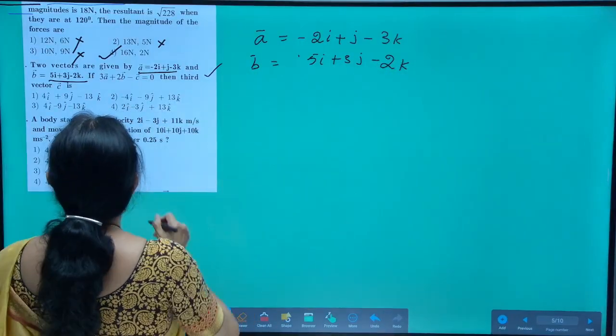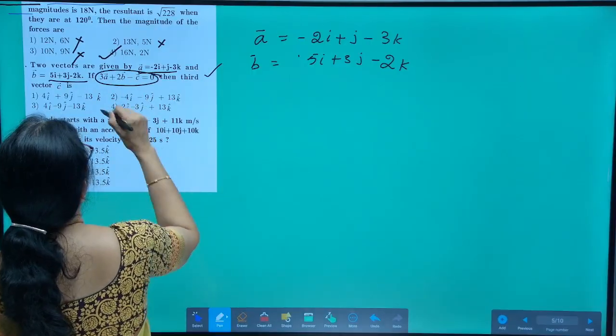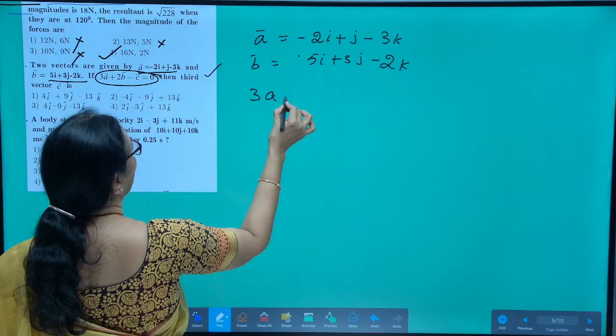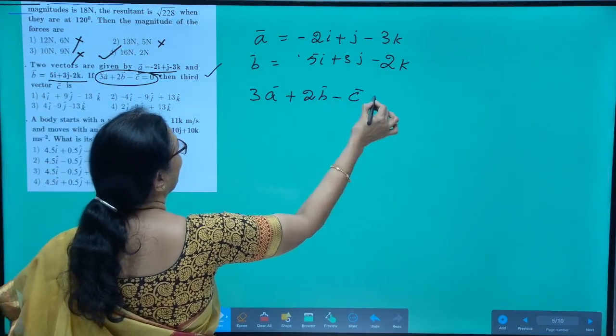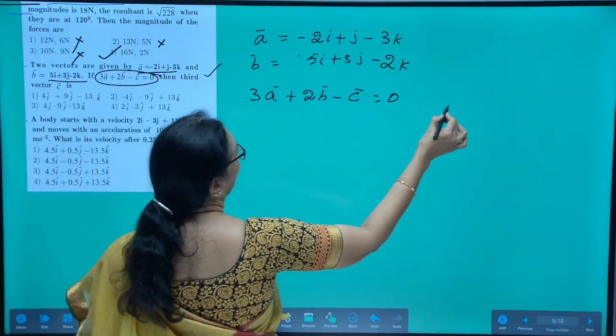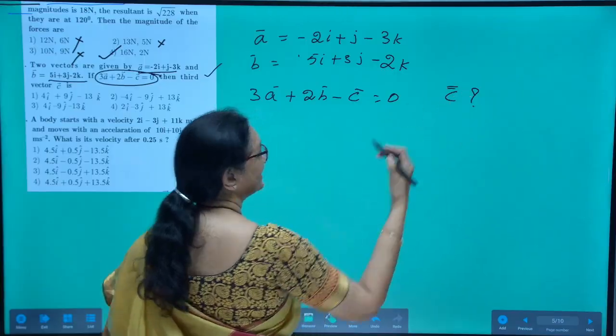It is given that 3A bar plus 2B bar minus C bar is equal to 0. Find C bar. That is the question.